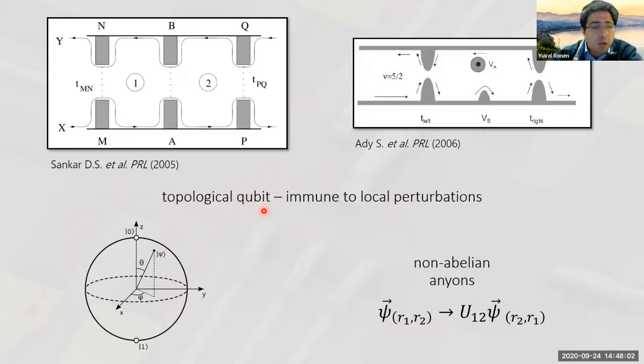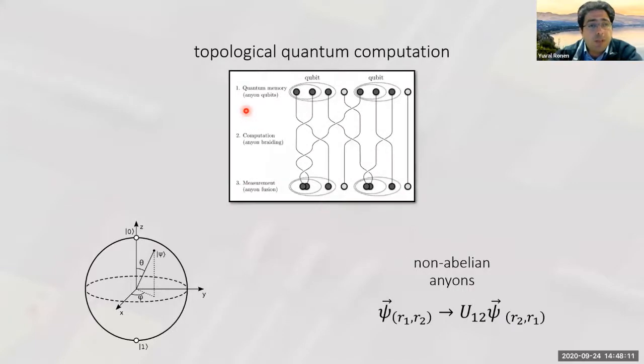A topological qubit is immune to local perturbation, and this is perhaps one of the directions that this field can go to. And this is part of a bigger field called topological quantum computation. If you have questions, I'm sending you to Netanel. He can explain more.